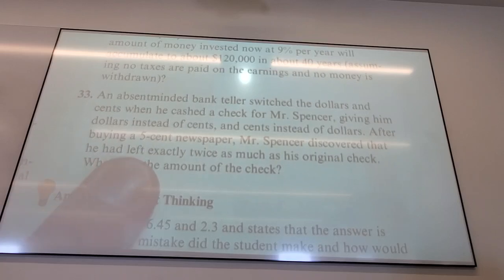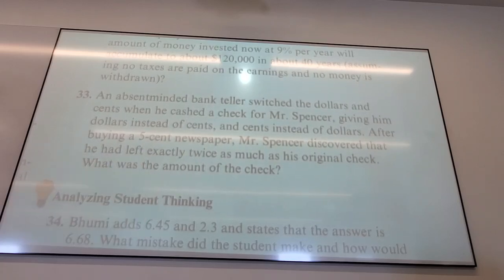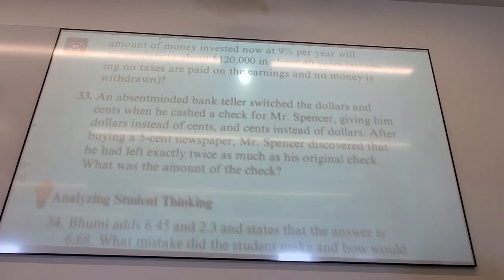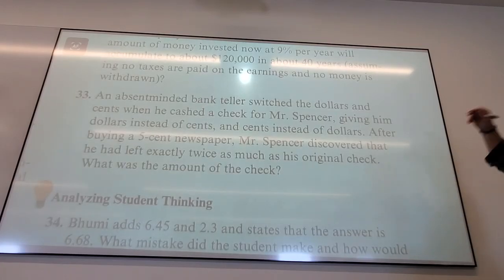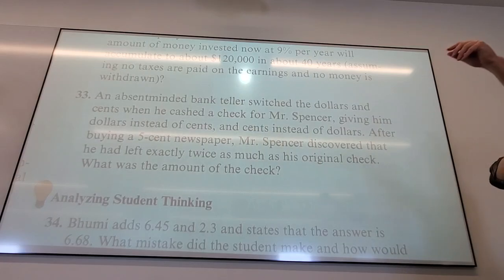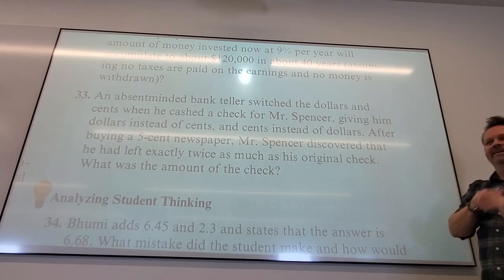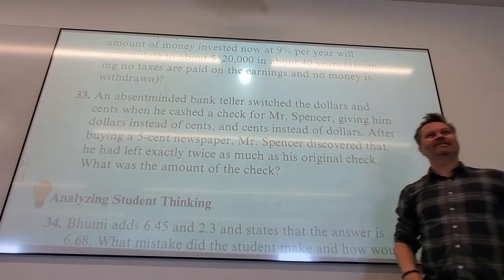Yes. An absent-minded bank teller switched the dollars and cents instead of dollars and cents after buying a 5-cent newspaper. Mr. Spencer discovered that he had left exactly... Oh, okay. Yeah. Has anyone tried this one out yet?